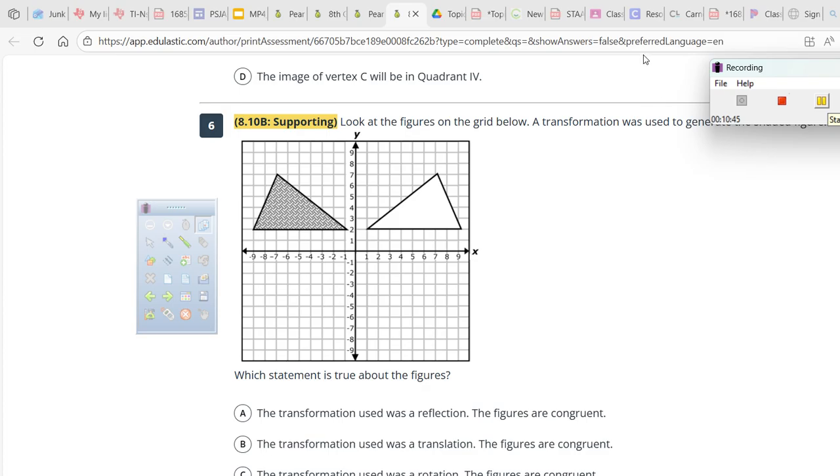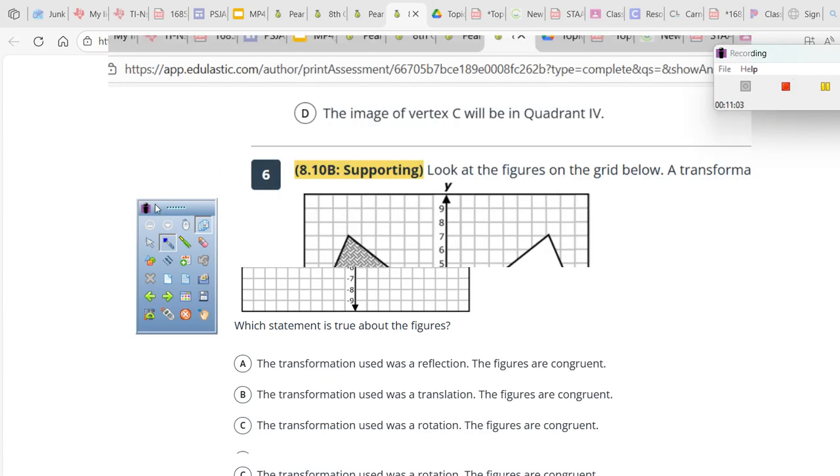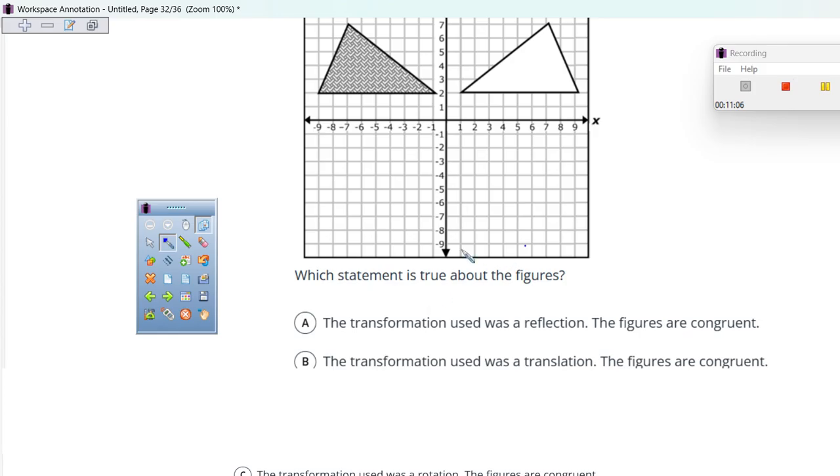Okay, looking at this one and reading this information, these things are reflections. Once it's true, it's got a reflection. The reflection is congruent. It's a reflection, guys. It's super easy. Reflection, congruent.